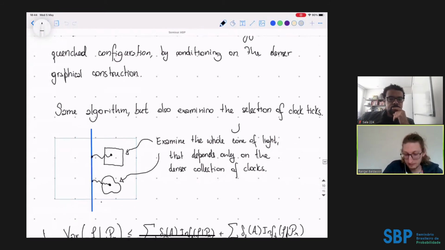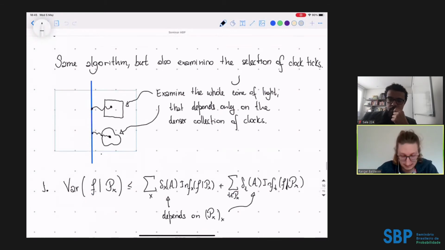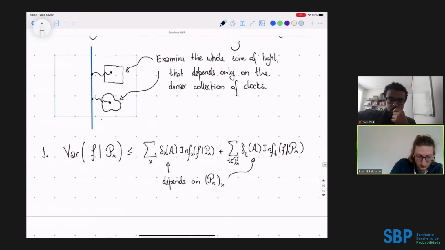So you can use the same algorithm, but now since you're only fixing the denser collection of clock ticks, your algorithm also needs to observe whether clock ticks are selected or not. So you have two different types of entries that your algorithm observes: initial conditions and clock tick selections, which appears here in this OSSS inequality that you're applying.